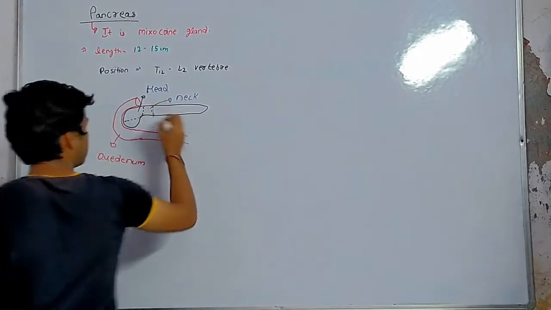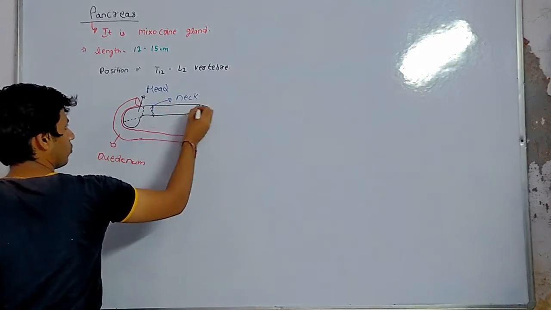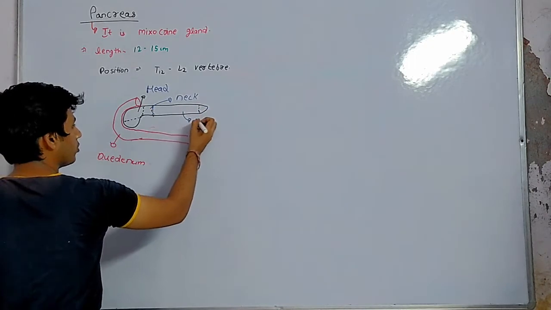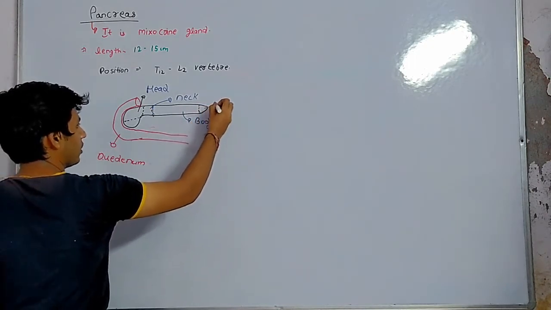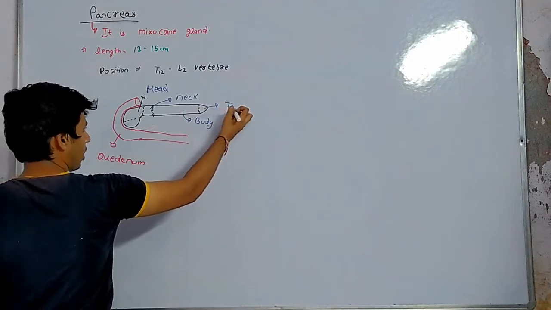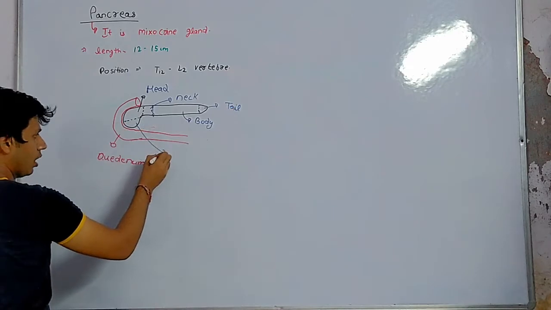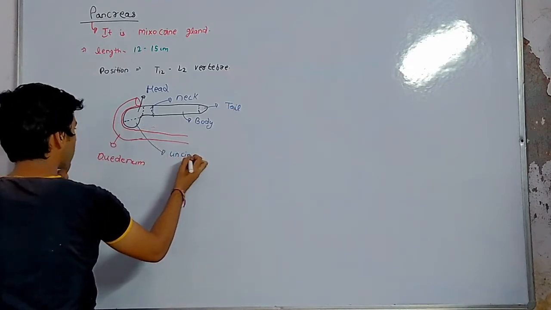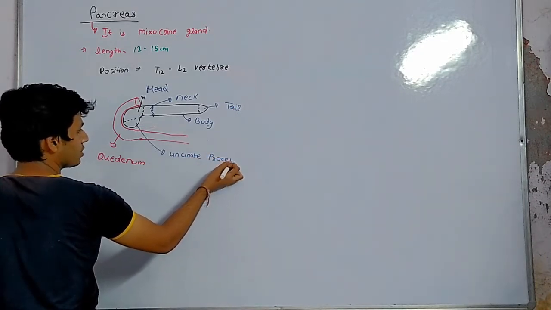Then this whole big portion is called the body of the pancreas, and the last part is the tail. And this part is called the uncinate process of the pancreas. These are the parts of the pancreas.